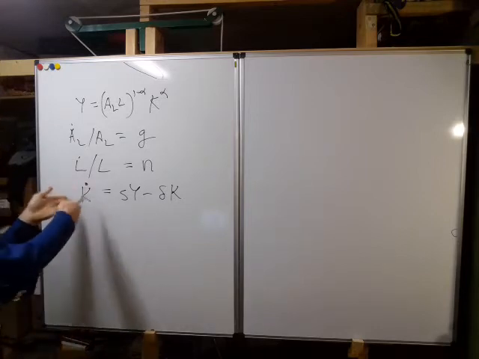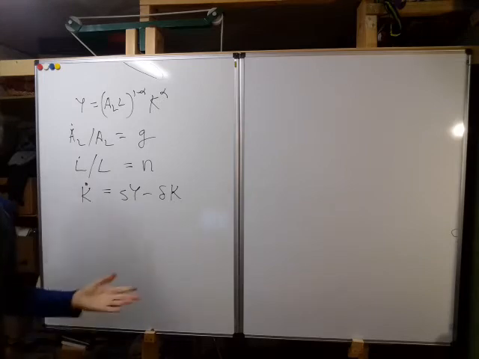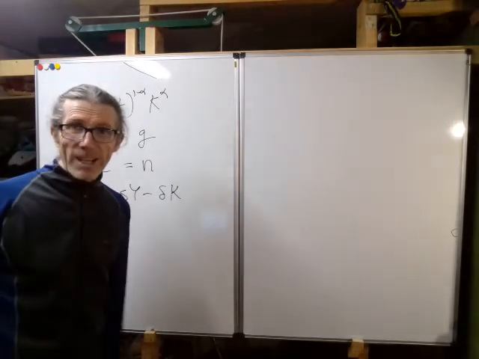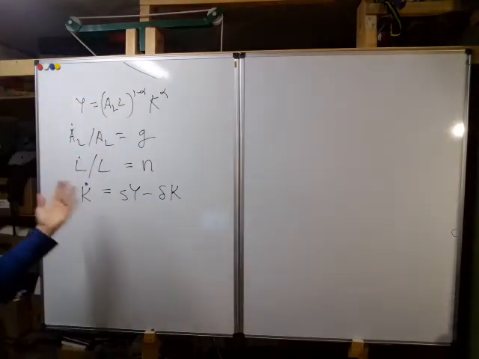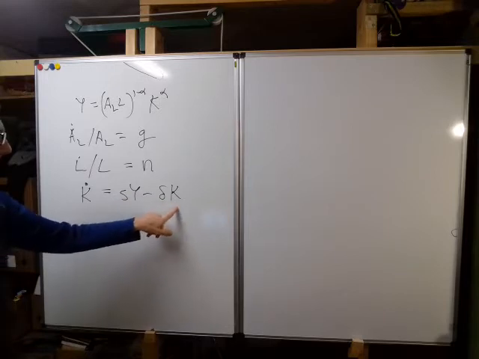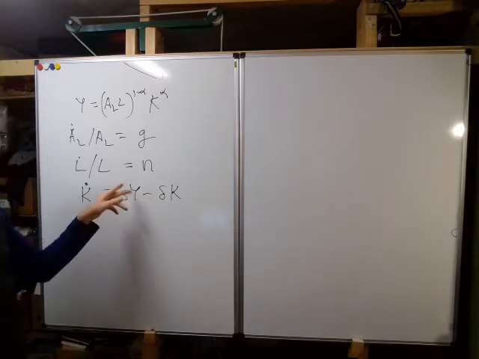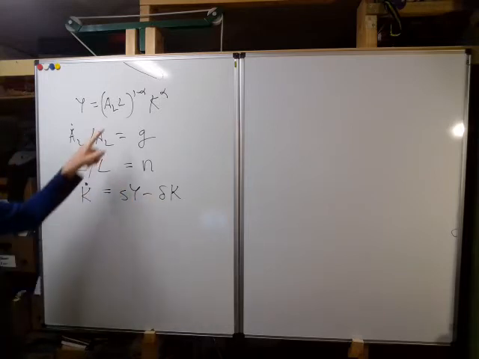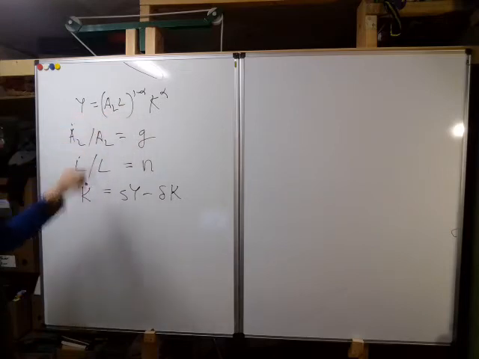We start with some capital stock, 100 hammers, or whatever. What's going to happen to the number of hammers? Well, if sY is more than delta K, the number of hammers will go up, and then production will go up.